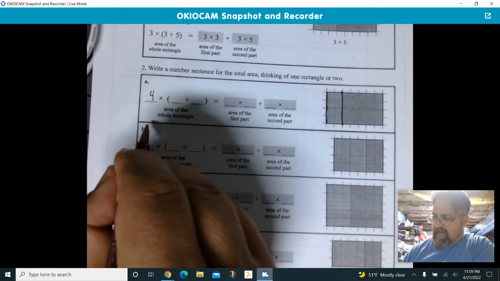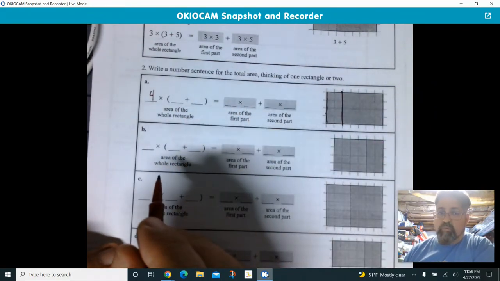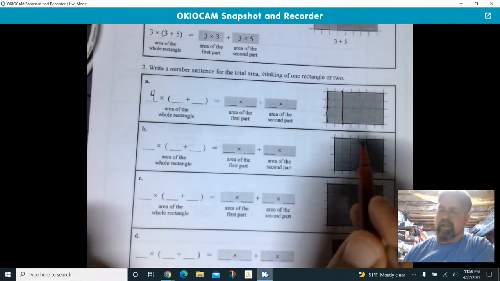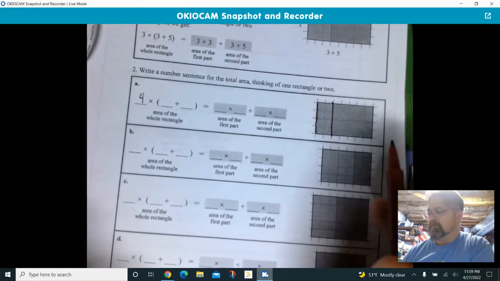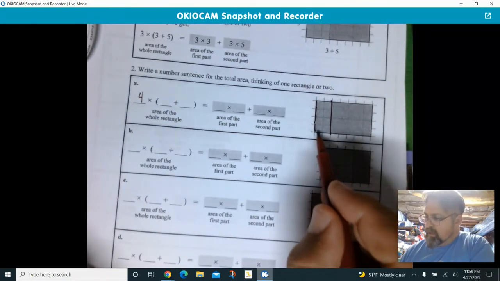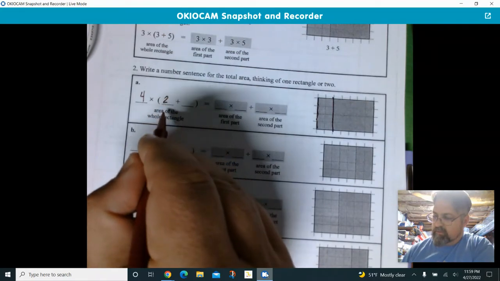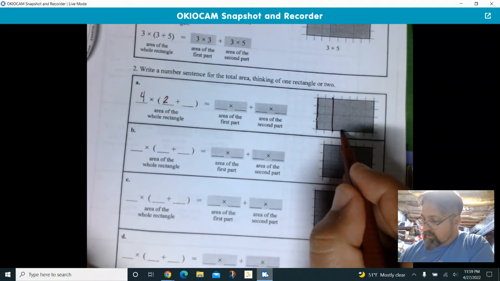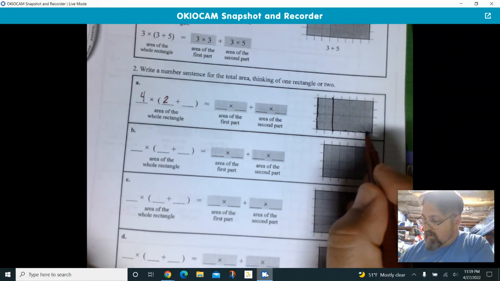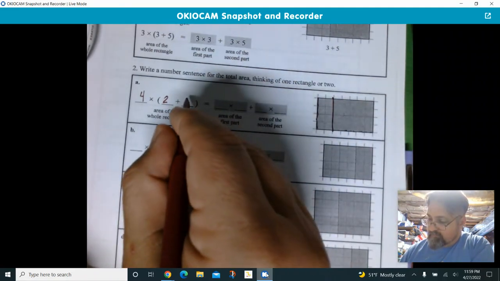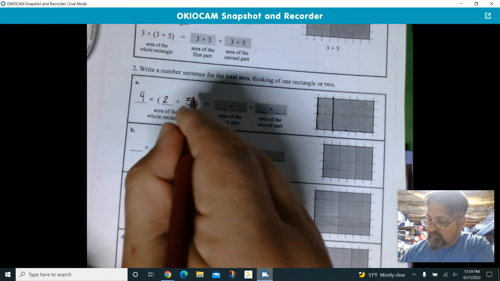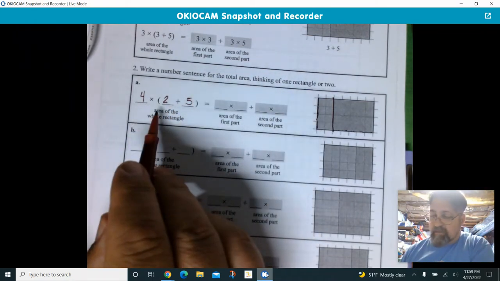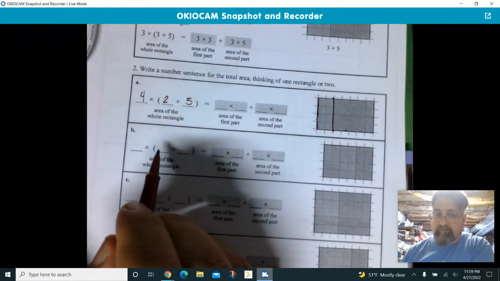It'll be 4 times whatever makes up our whole rectangle. This first one goes 1, 2. 2 plus something. 1, 2, 3, 4, 5. 4 times (2 plus 5).